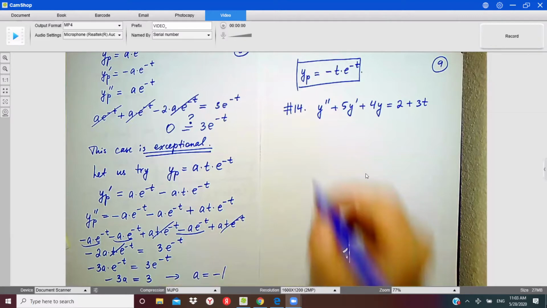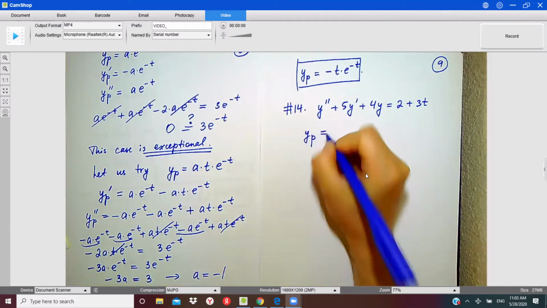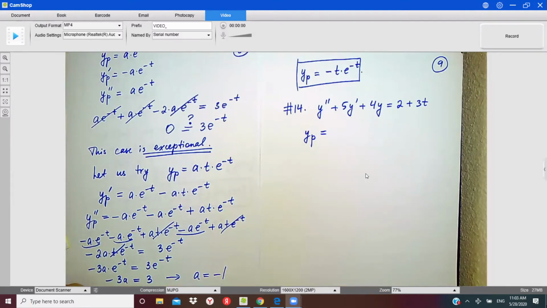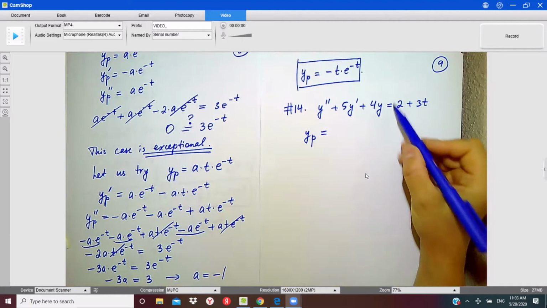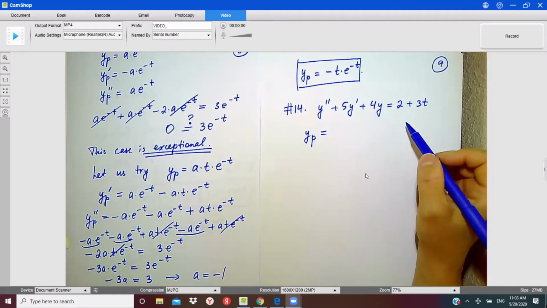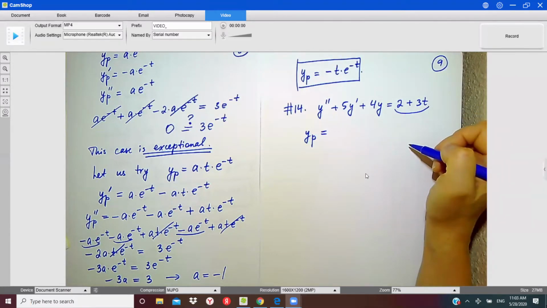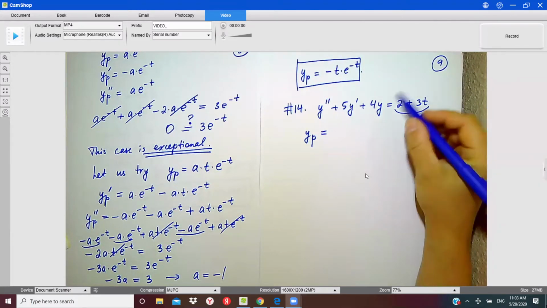So we are looking for y particular. Okay, so let's find y particular for this particular differential equation. So what kind of forcing term do we have here? What is this function?